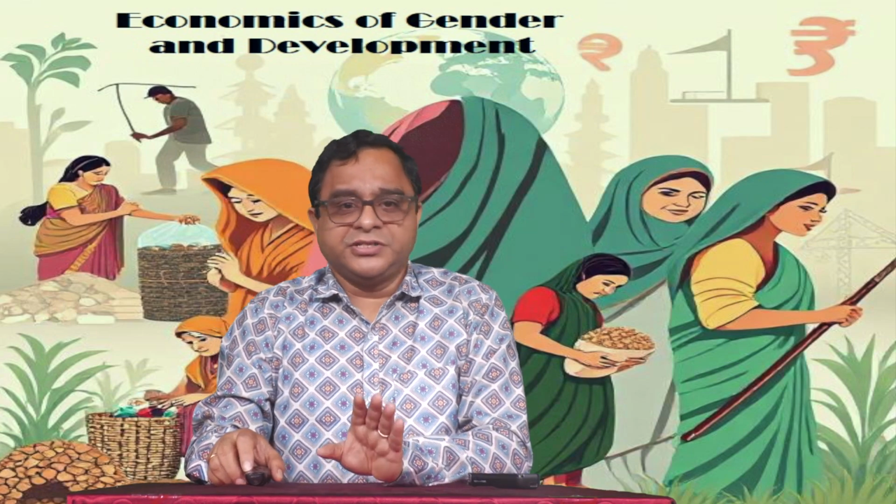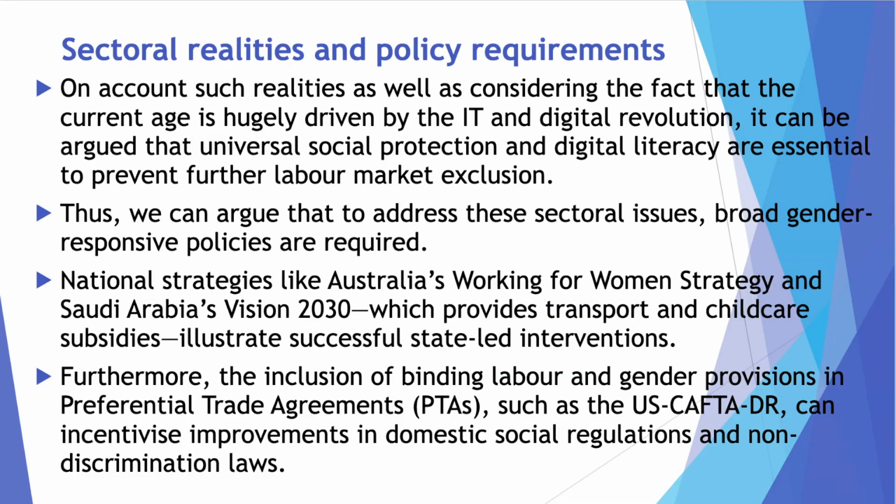On account of such realities, as well as considering the fact that the current age is hugely driven by the IT and digital revolution, it can be argued that universal social protection and digital literacy are essential to prevent further labor market exclusion. Thus, we can argue that to address these sectoral issues, broad gender-responsive policies are required.